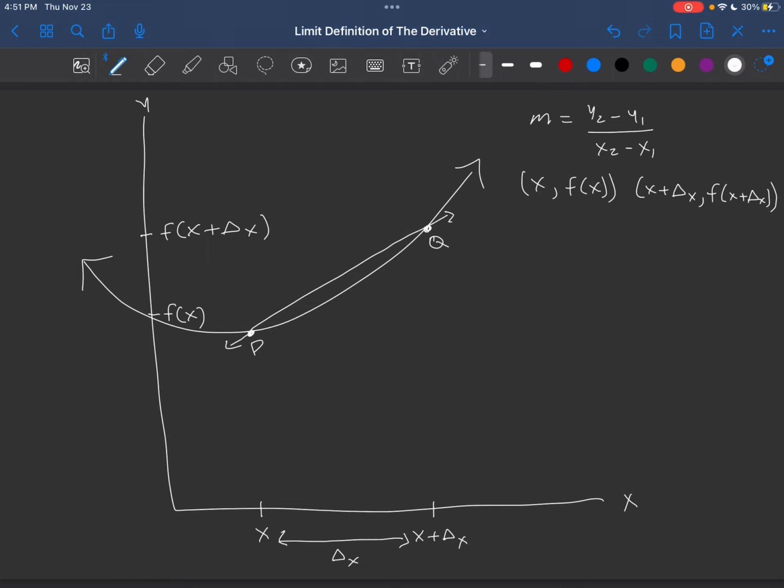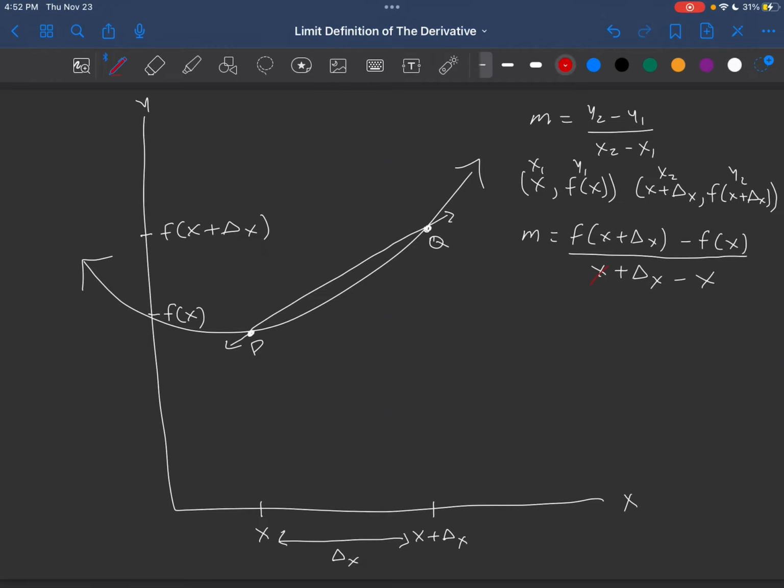But anyways, now we can apply the slope formula here. We could just assign this to x sub 1, this to y sub 1, this to x sub 2, this to y sub 2, and then apply that slope formula to approximate our secant line. So then m will equal y sub 2, which is f of x plus delta x, minus y sub 1, which is f of x, over x sub 2, which is x plus delta x, minus x sub 1, which is x.